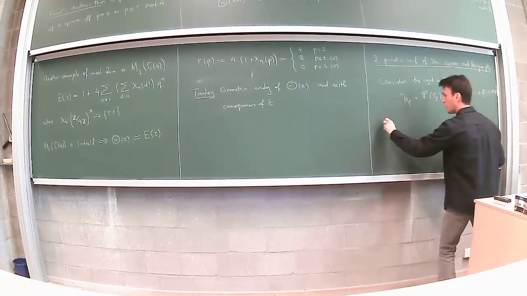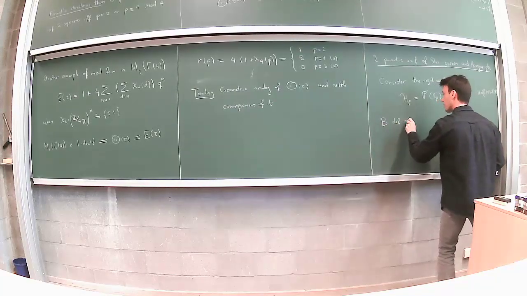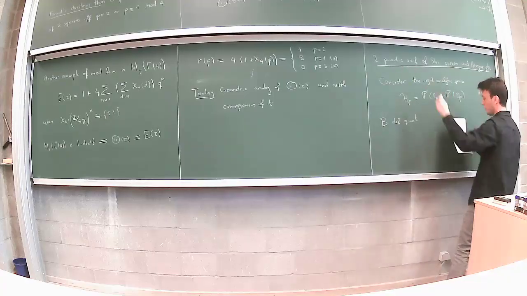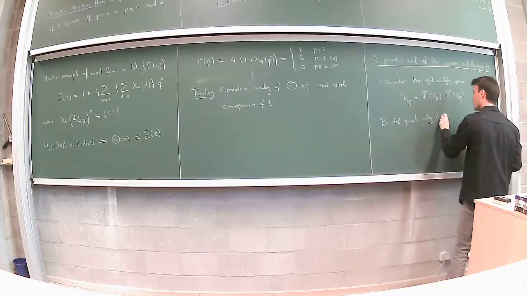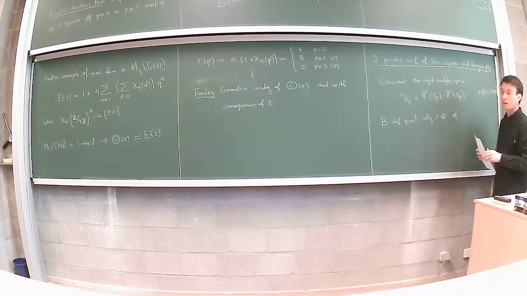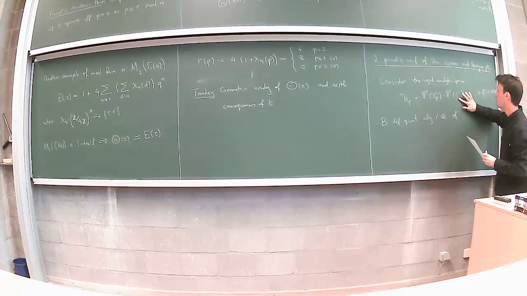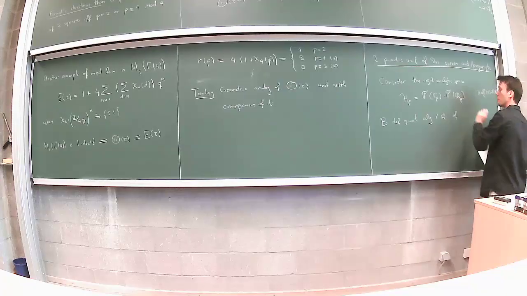So for this, I need to take B, a definite quaternion algebra. By the way, here p stays to be a prime. Definite quaternion algebra over Q. What's the Q here? Sorry, this should be a Q_p. Thank you.